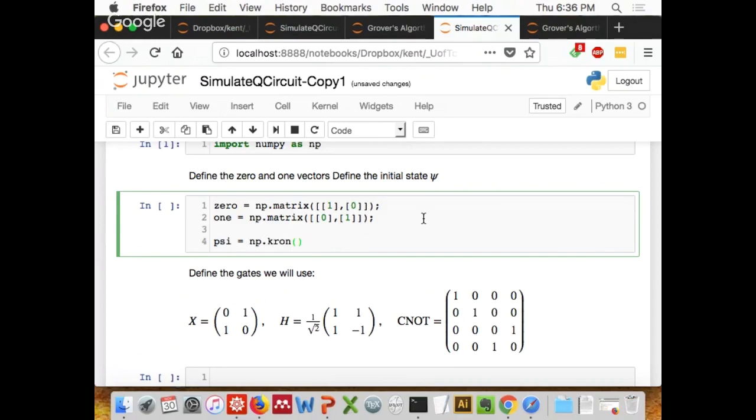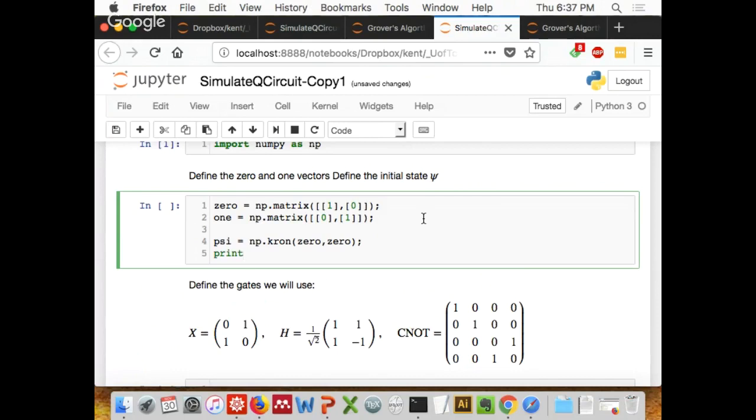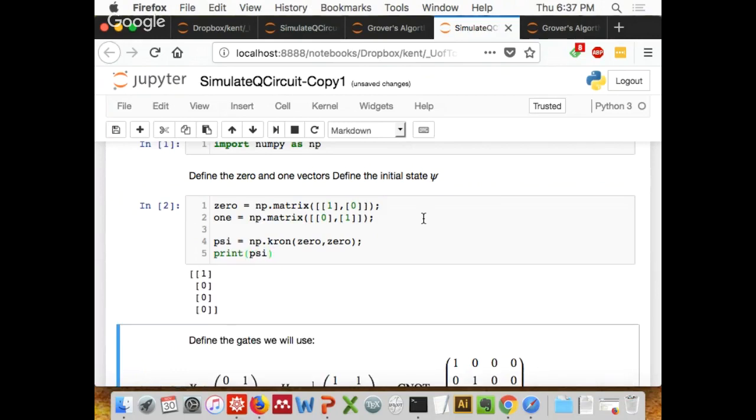That's the Kronecker product that I wrote out on the blackboard here. It's just going to do it for us. And so now what to do is we just input what the vector is for each qubit separately. So if they're both starting at 0, I'll just put in a 0, 0 in the Kronecker product. Let's just print that psi and make sure that's what we want. Yes.